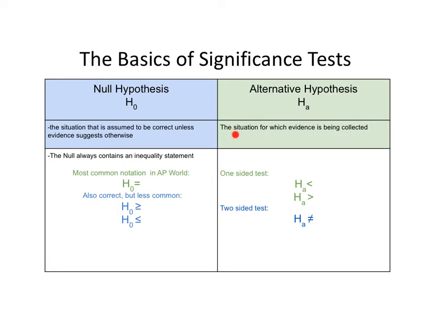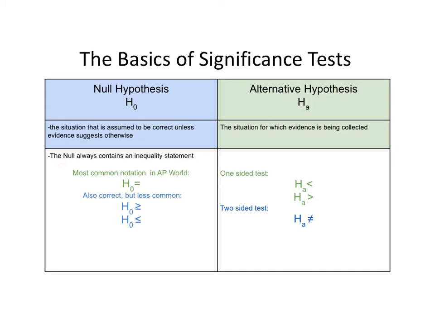Your alternative is your situation for which your evidence is being collected. Or sometimes you can think of it as whatever your researcher is truly hoping to find is your alternative. Your null is like your no difference. It's a status quo. It's what's always been true in a scenario.